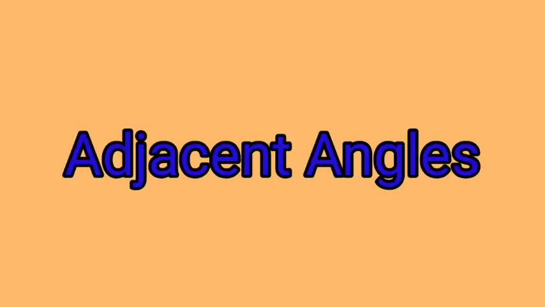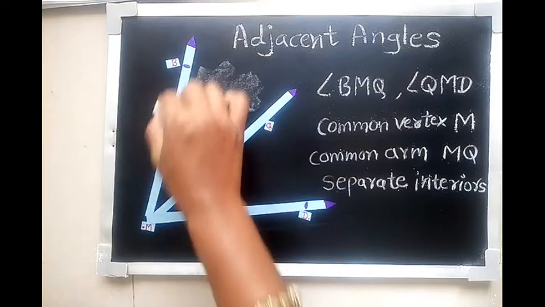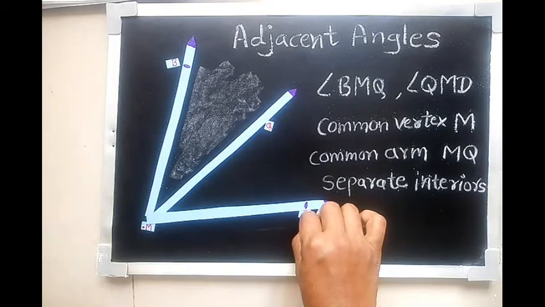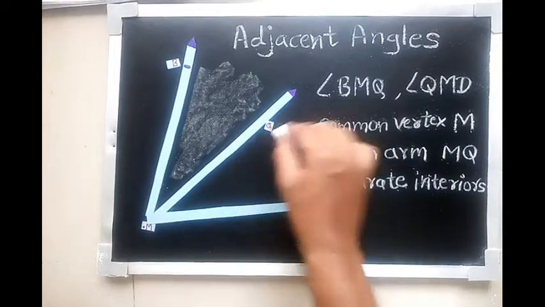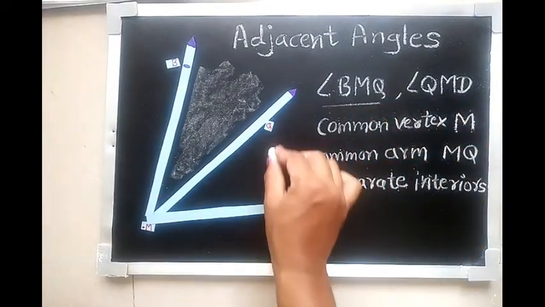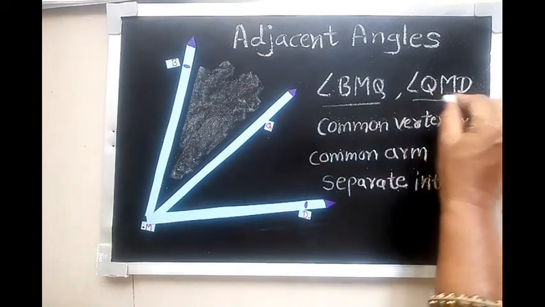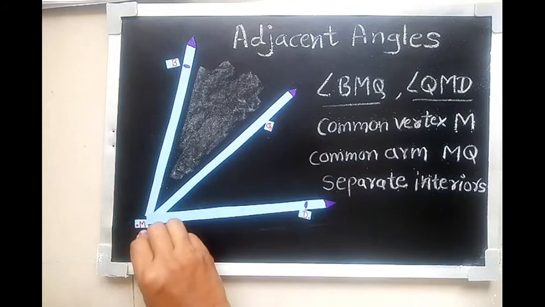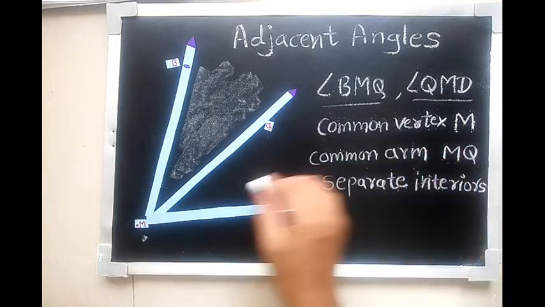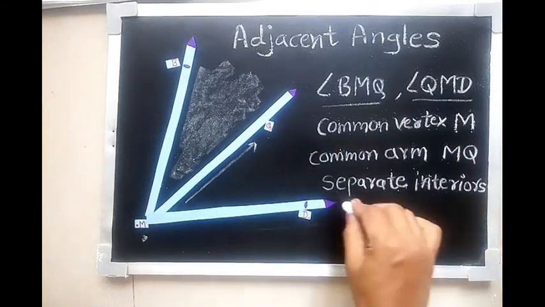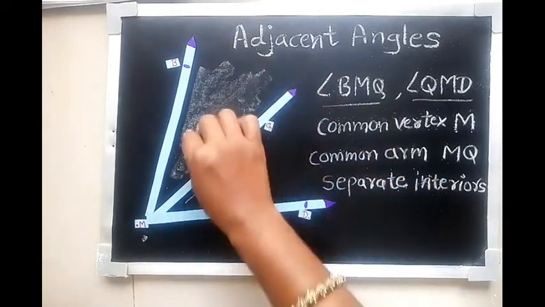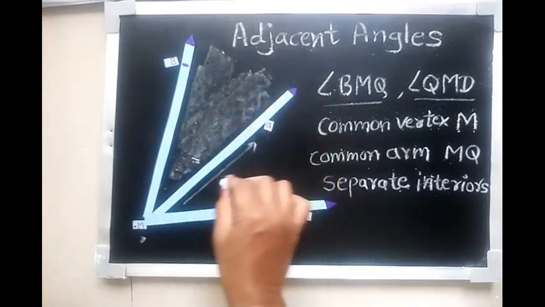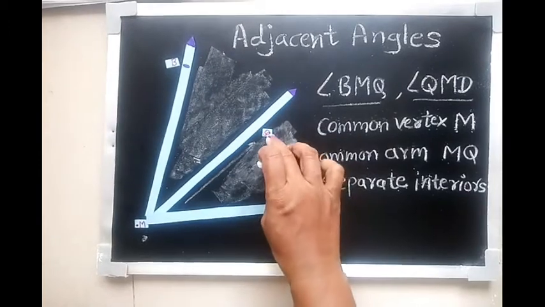Adjacent angles. Look at the angles in the figure alongside. The ray MQ is a common arm of the angles, with common vertex M and separate interiors of angle BMQ and angle QMD.